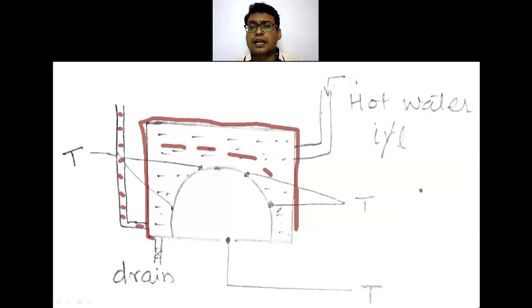The temperatures available on the inner vessel are T1, T2, T3 and T4, and from these four temperatures we will take the average temperature of this black body. This black body will be around 75 degrees Celsius. If I put 80 degrees Celsius water inside, it will attain a certain temperature and remain at about 75 degrees Celsius.